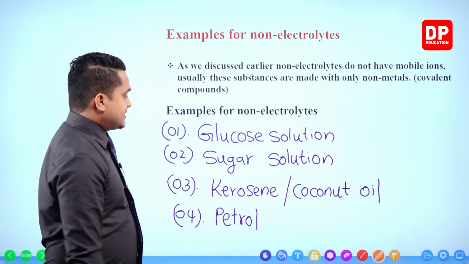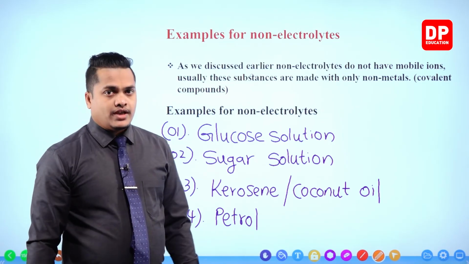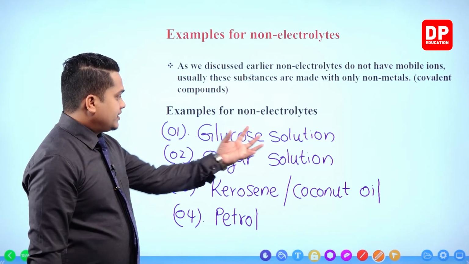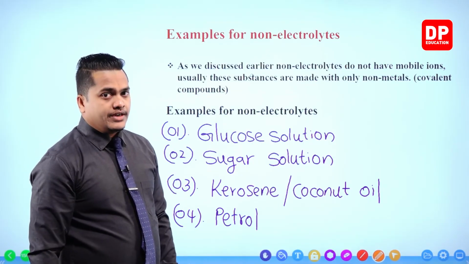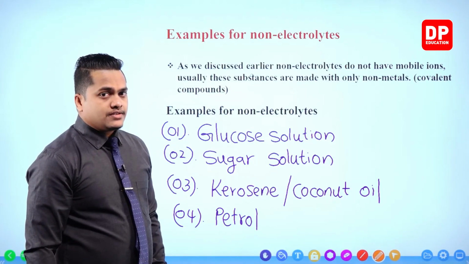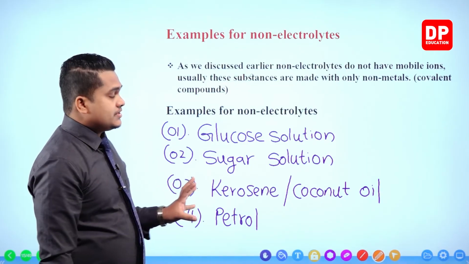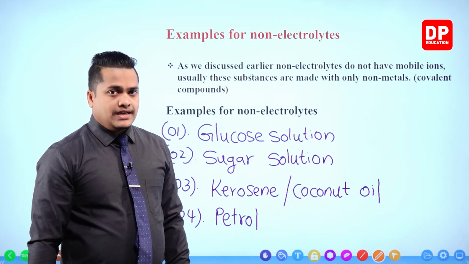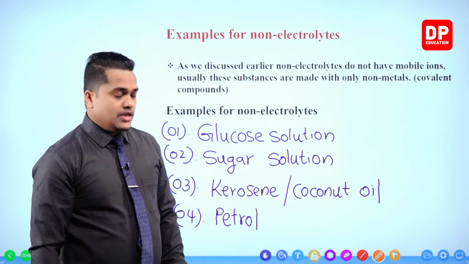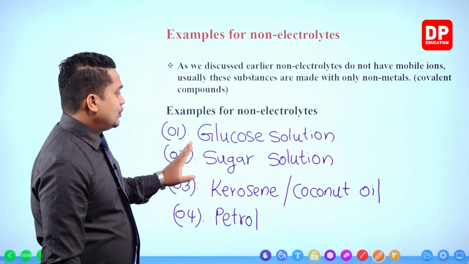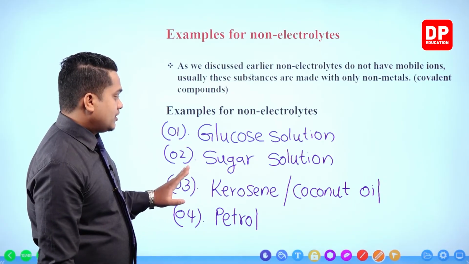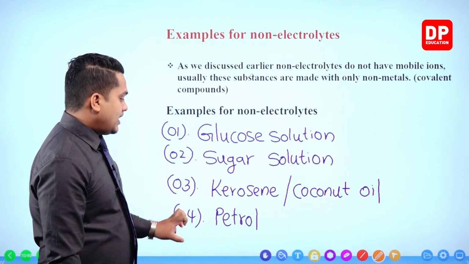So these are the examples for non-electrolytes. So these solutions or these liquids do not contain mobile ions. So therefore these things will not be able to conduct electricity, my dear children, okay. So examples are glucose solution, sugar solution, kerosene or coconut oil, and petrol.